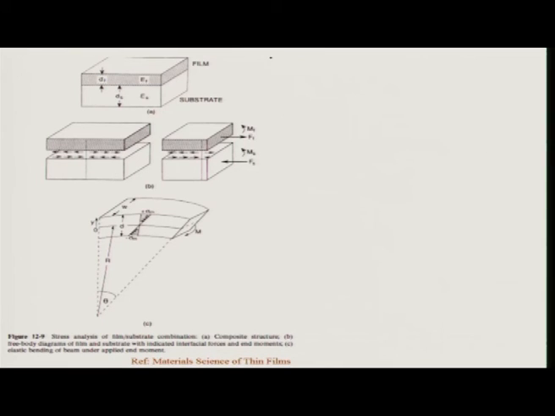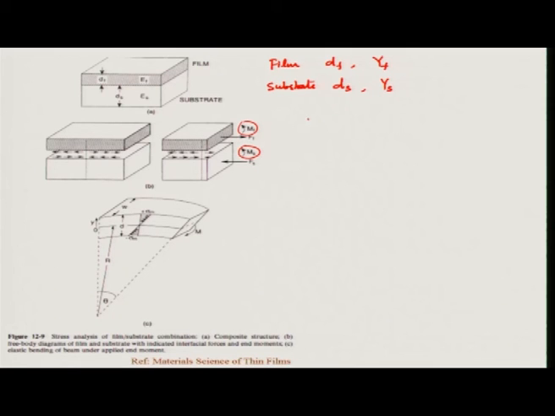So let us say material properties are such that the film thickness is d_f and Young's modulus is Y_f, and this is for the film, and for the substrate the thickness of the substrate is d_s and Young's modulus is Y_s. So based on this, the stresses and the null plane where there is no stress, we can determine which kind of stresses would be present based on these bending moments for the film and the substrate.